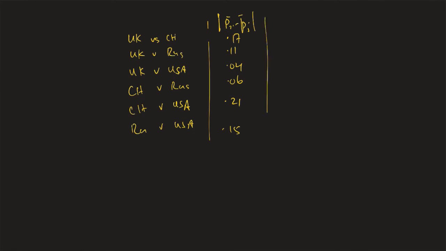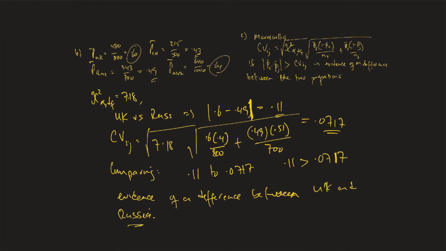So that's those values. Let's look at the CVIJs once we calculate them. So now you would have 0.0786. And in case you're wondering where I get these values from, I would have to do this calculation for every combination. I just showed you how I did one of them. You have to repeat that for all the others.